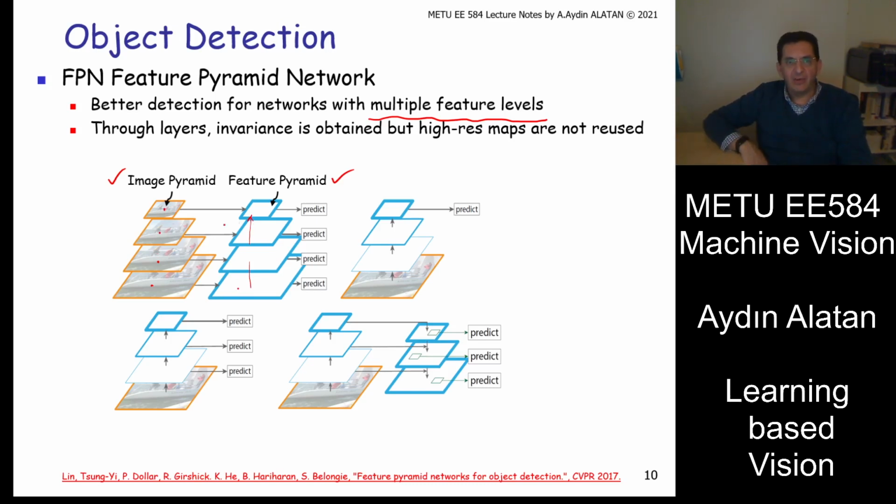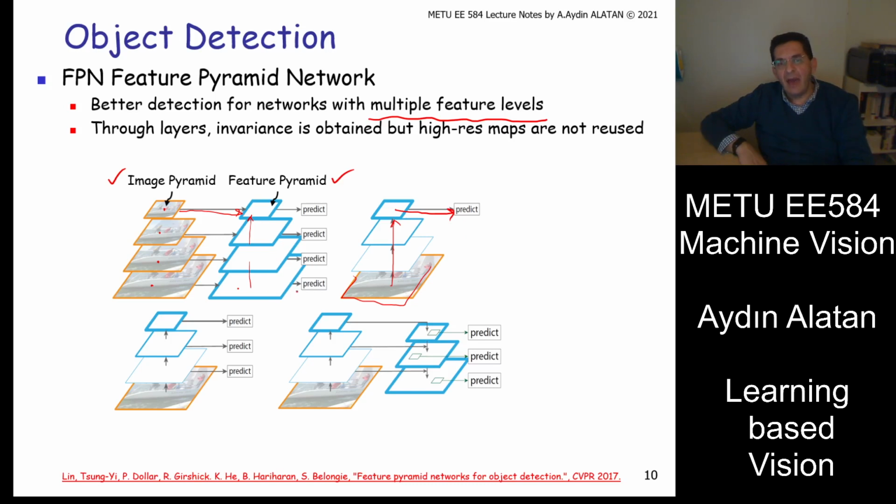And what we are trying to do here is either use an image pyramid and obtain the features in a downscaled way, or start from an original image, as typically in CNNs, we can again downsample through pooling and make your predictions at the top layer, which has lots of invariance to different effects.